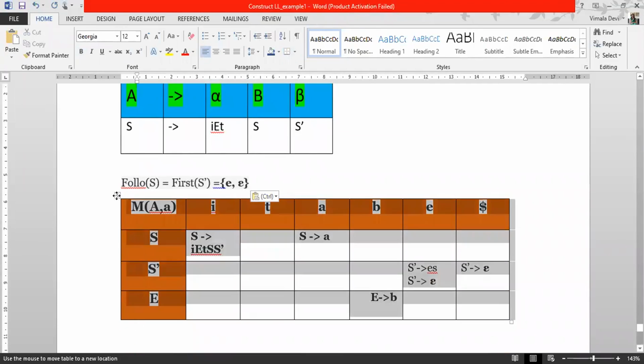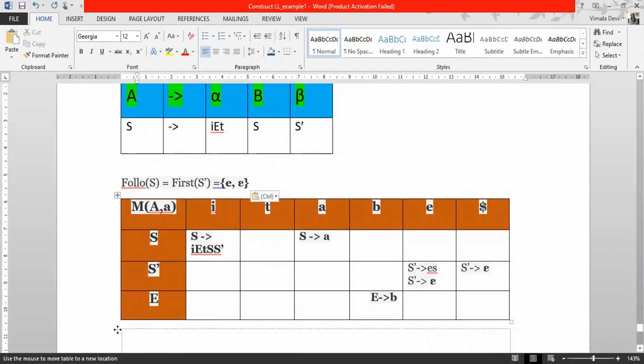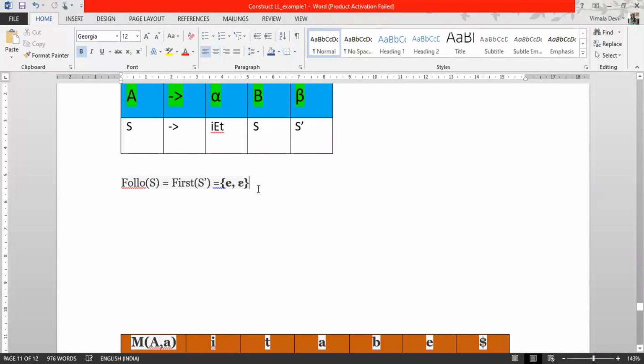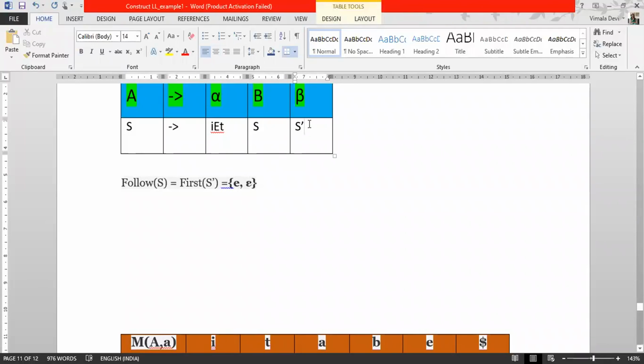I'll just drag this table below. e as well as epsilon, but the follow set cannot contain or cannot include epsilon, right? So e can be included in the follow of S, but epsilon cannot be included. So what do you need to do? First of S' contained epsilon, right? So replace this S' by epsilon.